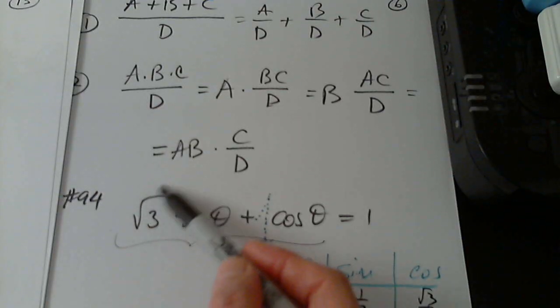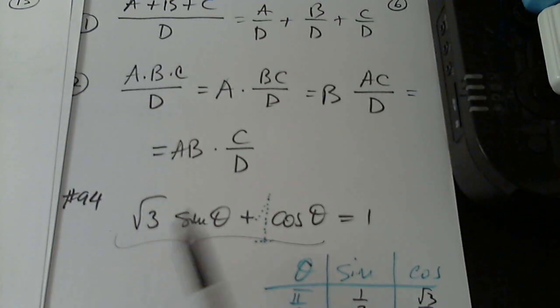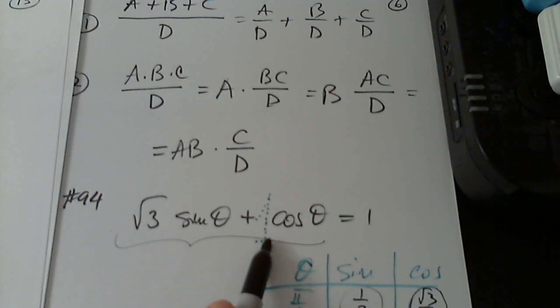I cannot replace this or this in such a way. I mean, with the square root of 3, there is no such thing. So I'm targeting this square root of 3, and of course the 1/2.